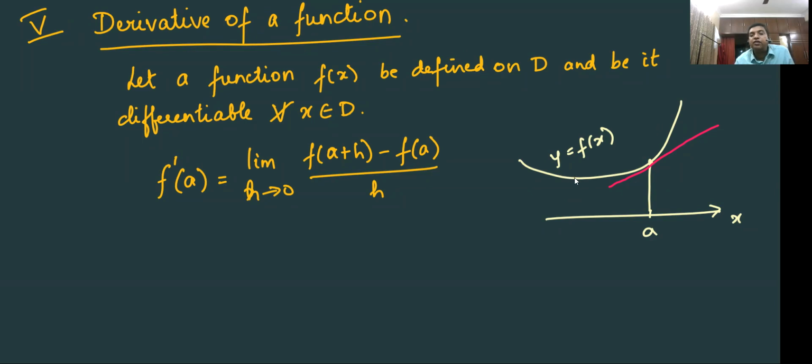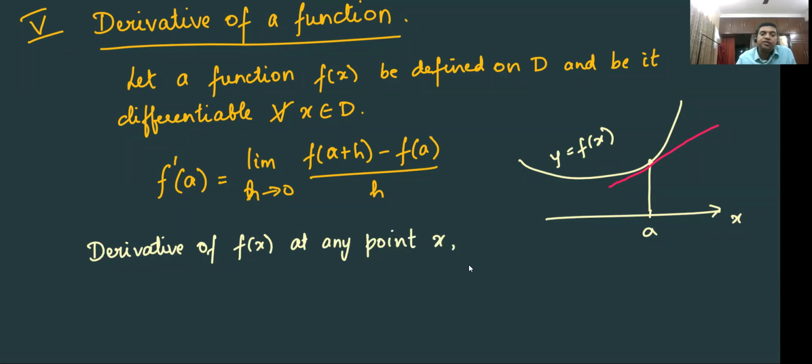Now I want to find the derivative at any point x. So very simple, replace. The derivative of f of x at any arbitrary point x is itself a function.